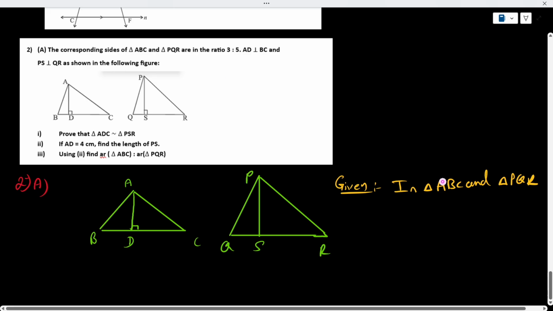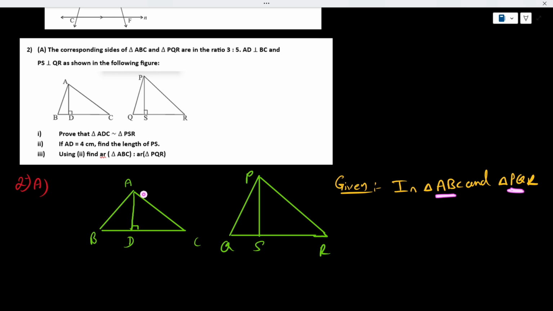Main thing here, whenever you take AB in order, here you will take PQ, that is the corresponding side. So AB corresponds to PQ. Similarly here, BC corresponds to QR. In this order also you can see you are taking the second and third vertex, and in the other also you will take the second and third vertex, which is QR. And then AC corresponds to PR.